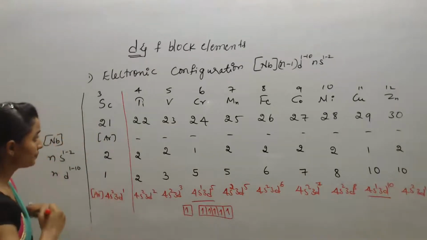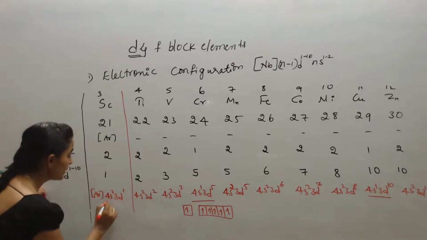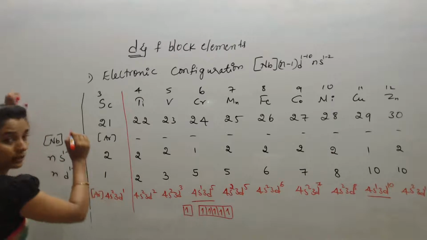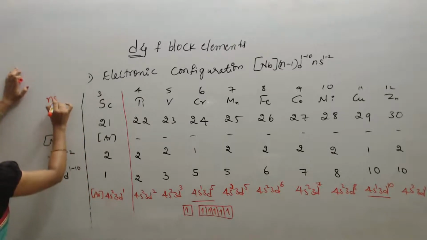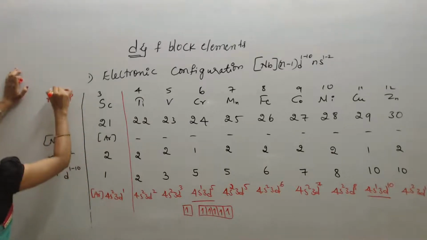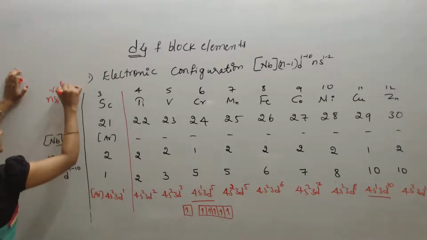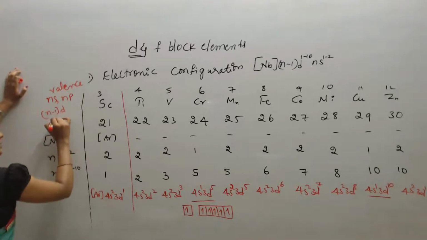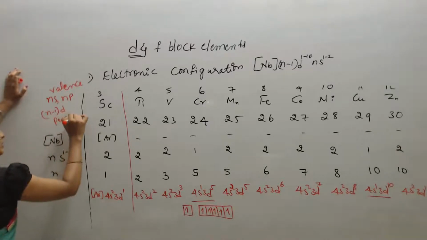So students, as I told, the ns and np subshells are called valence shells, and the (n-1)d subshell is the penultimate shell.